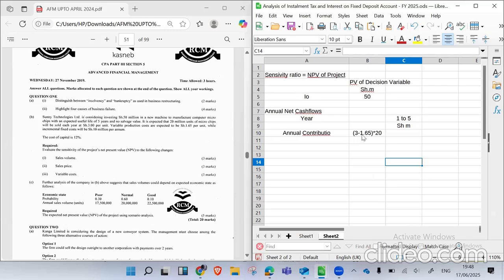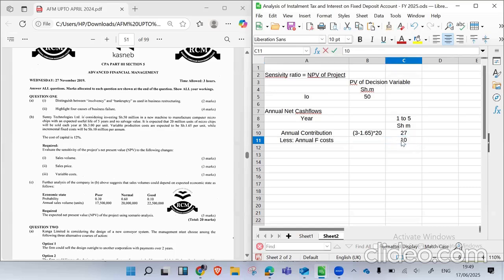Now we have the selling price per unit is 3 shillings, variable cost per unit is 1.65, and we are selling 20 million units annually. So therefore, kila mwaka, our annual contribution is 27 million. Do we have the fixed costs? Annual fixed costs: wametuambia incremental fixed cost will be 10 million per annum.